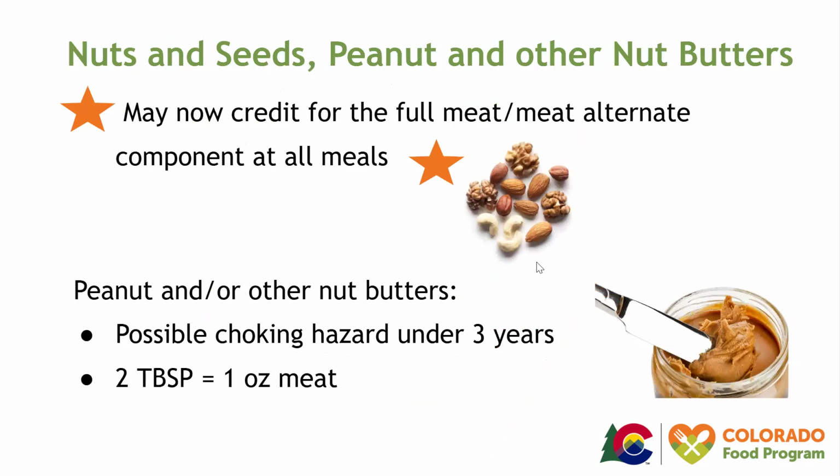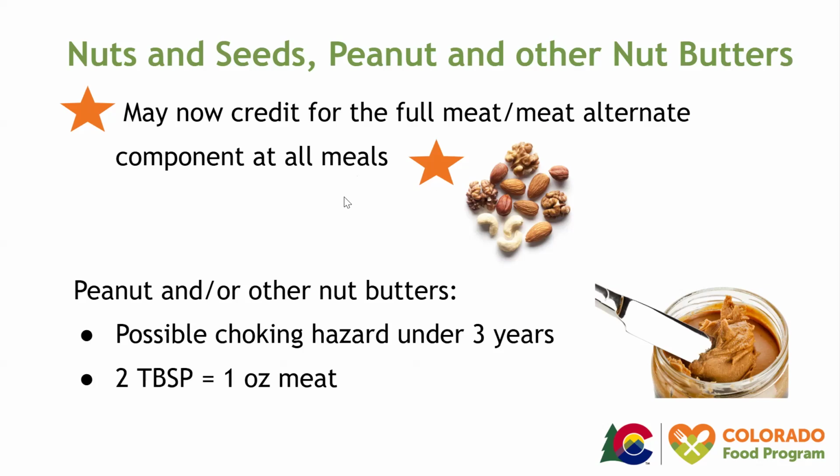All right. So jumping in to nuts, seeds, peanuts, and other nut butters. Previously, nuts and seeds could only count as half of a component at lunch and supper, but it's now allowed as a full component for meat or meat alternate at all of the meals. Just also be aware, nut butters and peanut butters are a possible choking hazard for under 3.